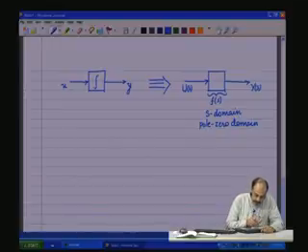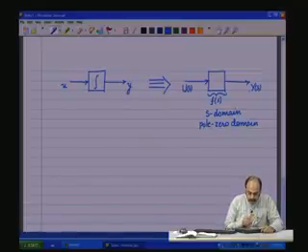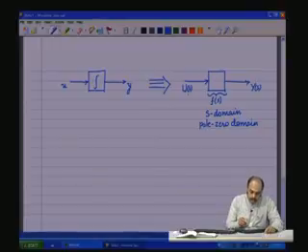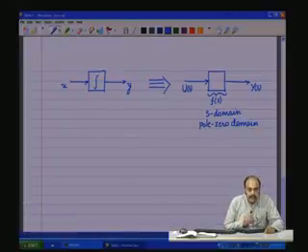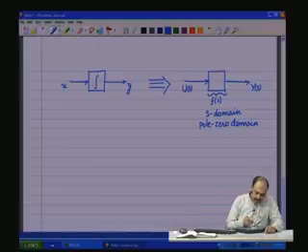Notice that I have replaced the lowercase u by uppercase U, lowercase y by uppercase Y. It is just a convention. All the variables in the S domain or the Laplace domain or the pole-zero domain, we represent with uppercase.